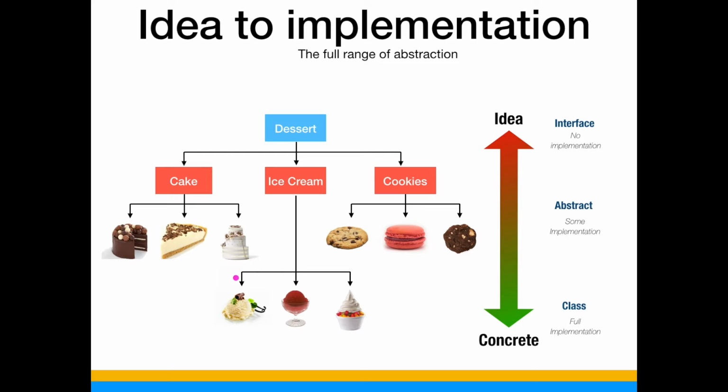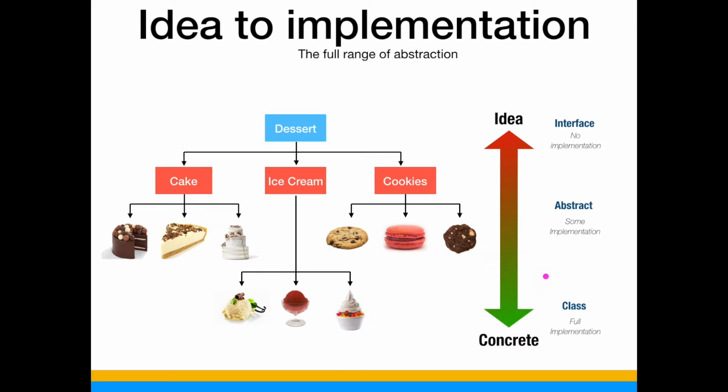So the idea is that the higher we go on these three elements, the more you're in the realm of ideas, and the lower level that you go, the more you're on the concrete side of ideas.